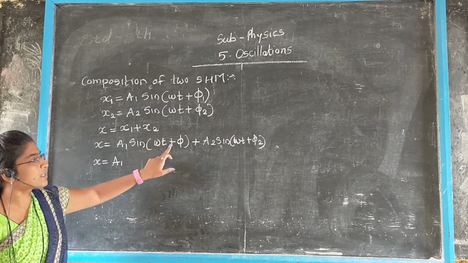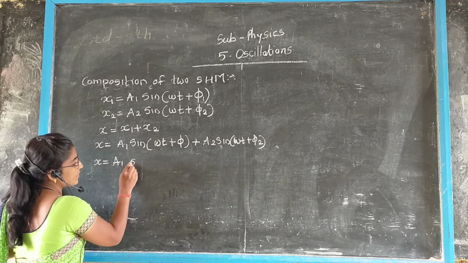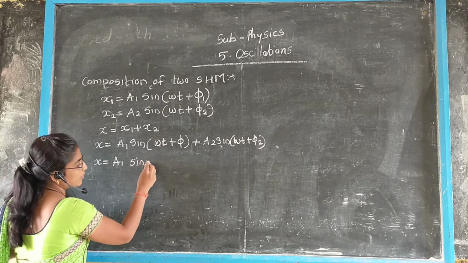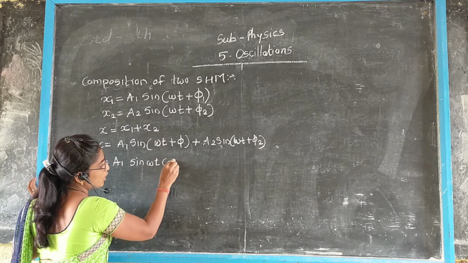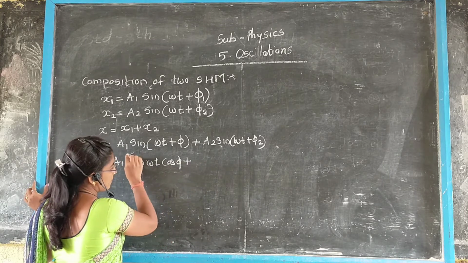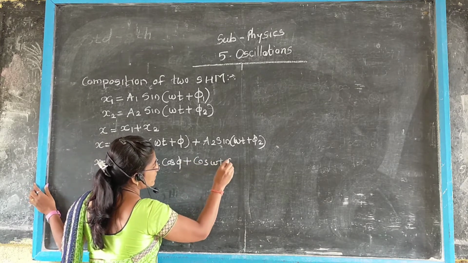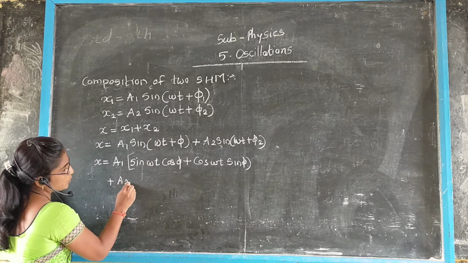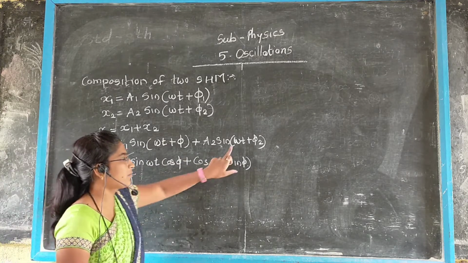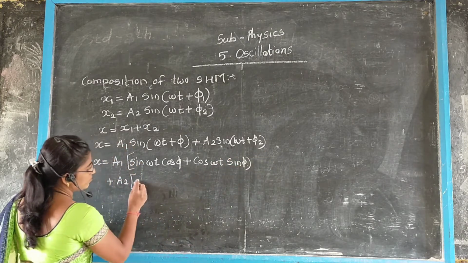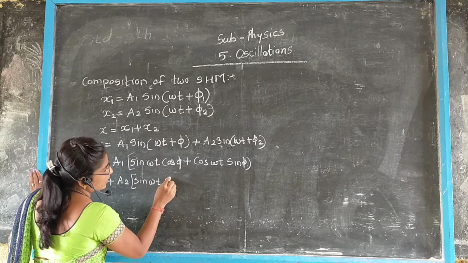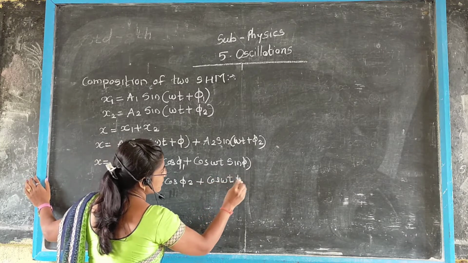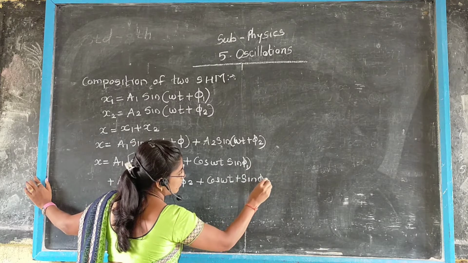Using the formula sin(a plus b) is sin a cos b plus cos a sin b, we get a1 [sin omega t cos phi 1 plus cos omega t sin phi 1] plus a2, using the same formula, [sin omega t cos phi 2 plus cos omega t sin phi 2].